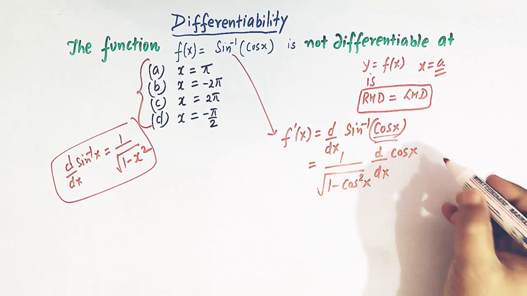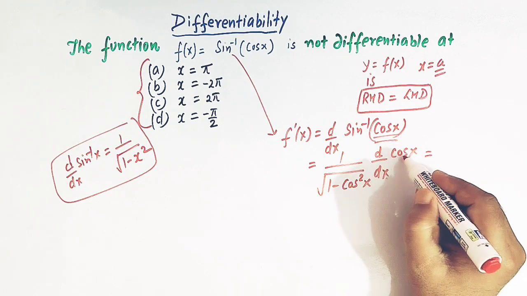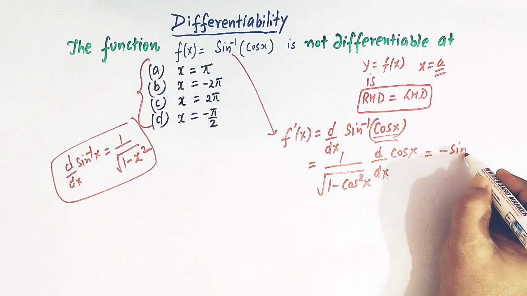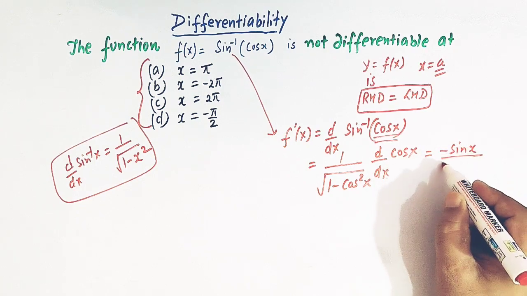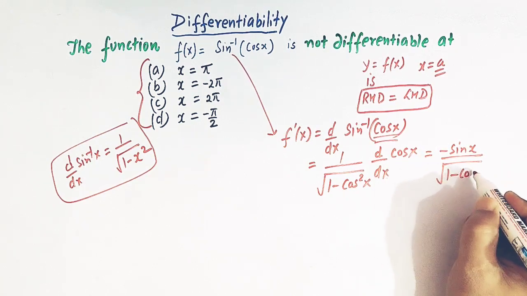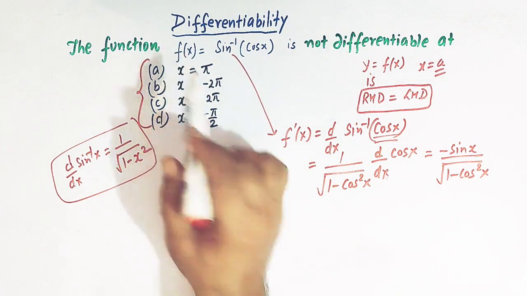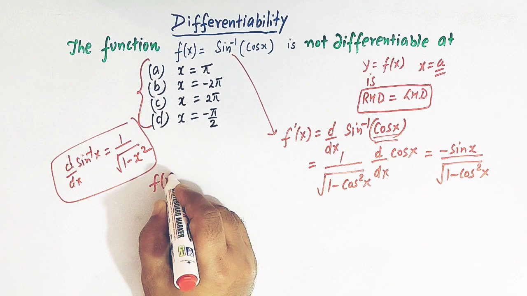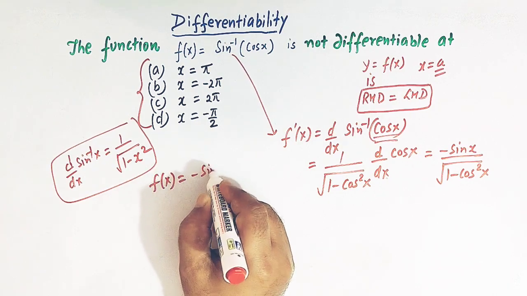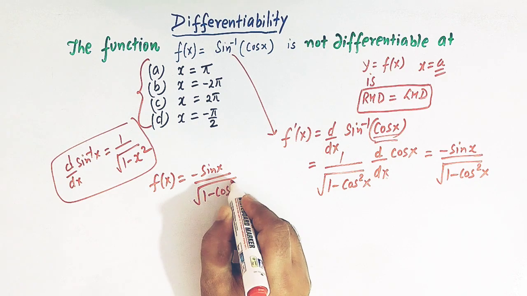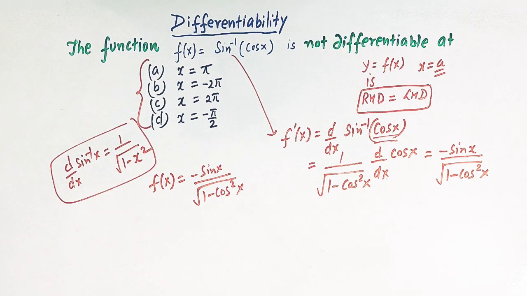The derivative of cos x is minus sin x, so the derivative of f x is equal to minus sin x divided by square root of 1 minus cos square x.